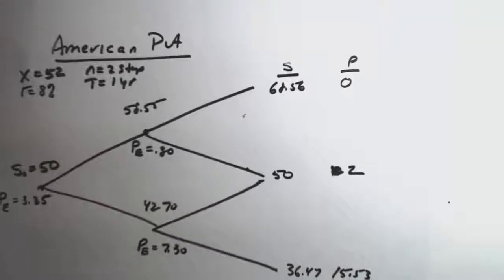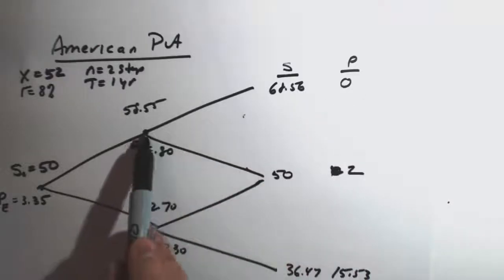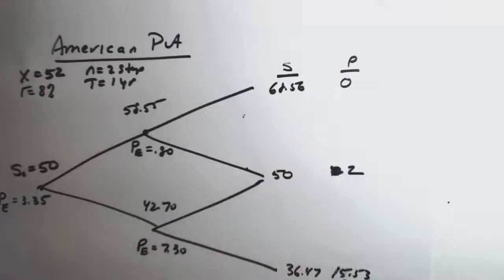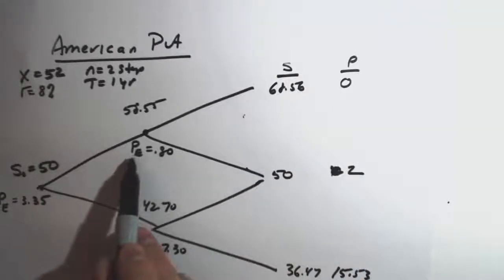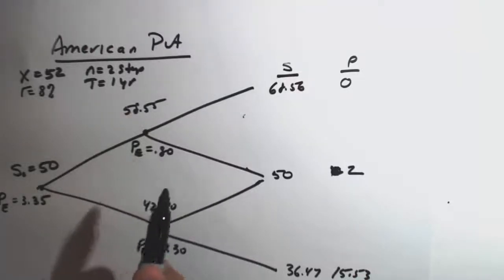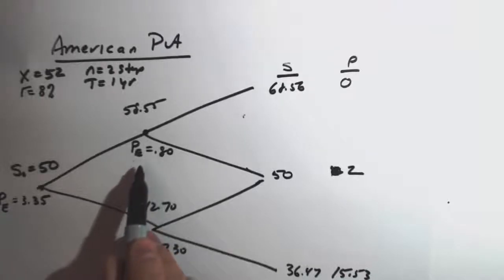Now what we want to do is ask ourselves, when we're at each node, not at these final nodes but at the nodes one step back, because like I said, European and American puts are all worth the same at expiration. It's this payoff. At this node, it's a different story. We need to ask, is it optimal at this point to exercise this put?